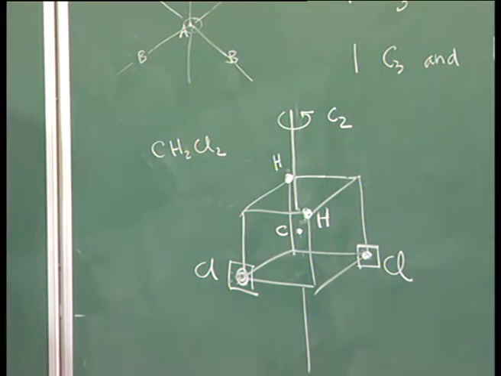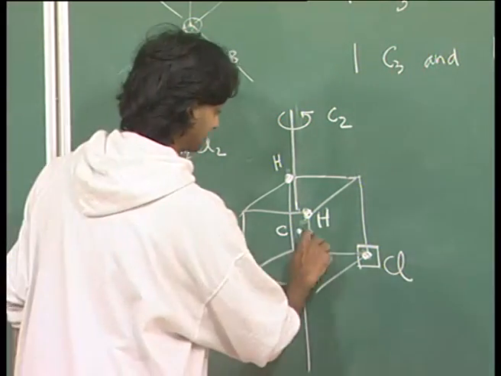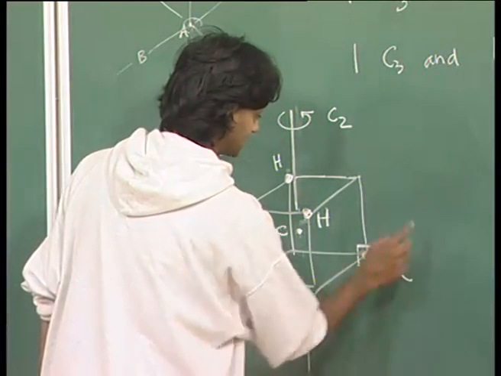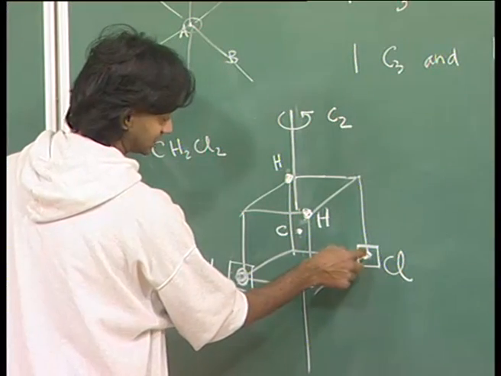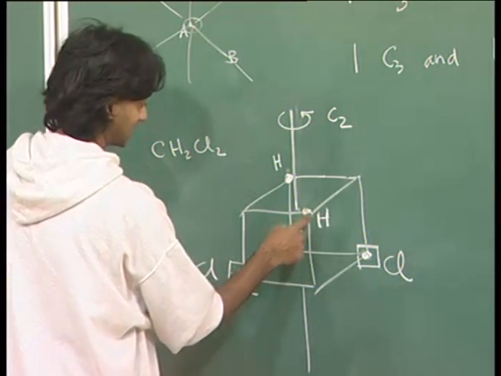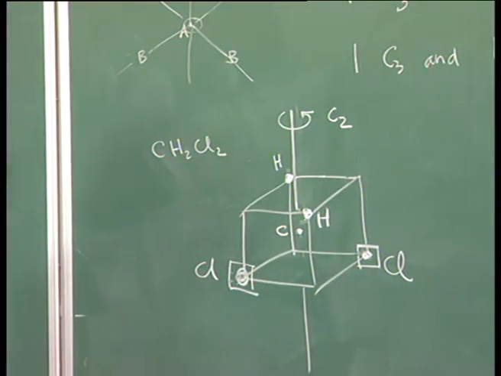Okay. Now, are there any other C2 axes in this molecule? Now, you would think if you try this, then when you do a 180 degree rotation, this chlorine will get swapped with hydrogen. So, you do not get any equivalent configuration.